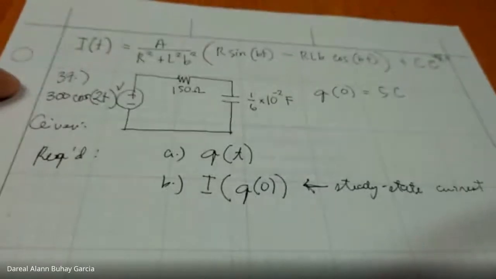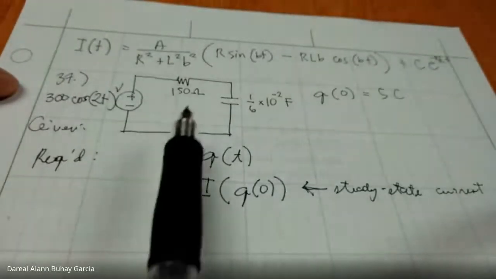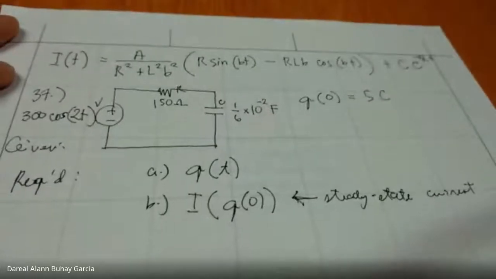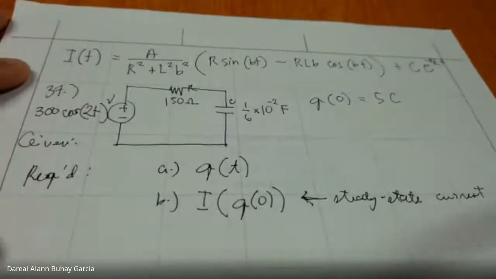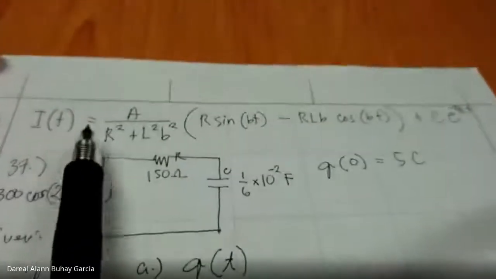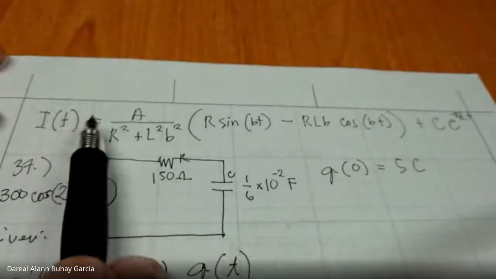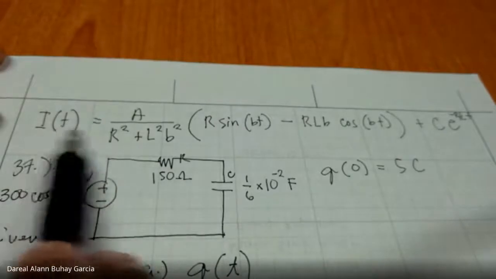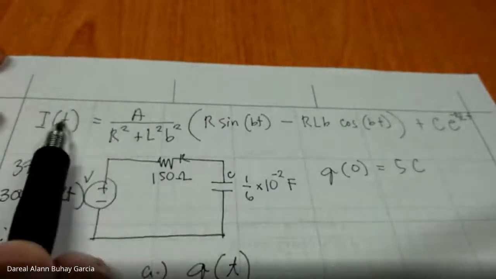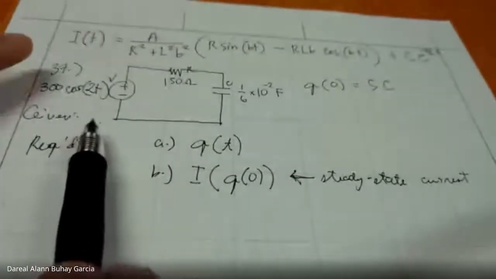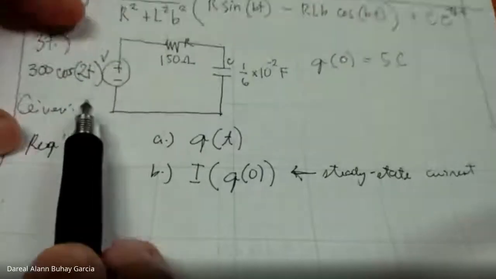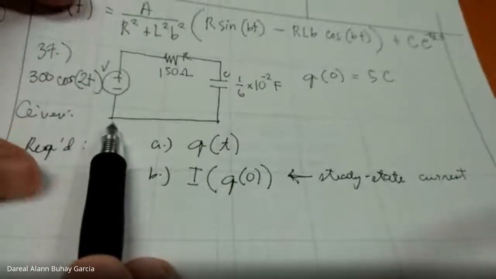This is the RC circuit because it has a capacitor. The difference between RC and RL is that the answer in RL, like in our problem in exercise number 8, is automatically the current equation. Whereas the answer we initially get in RC is an equation of charge.